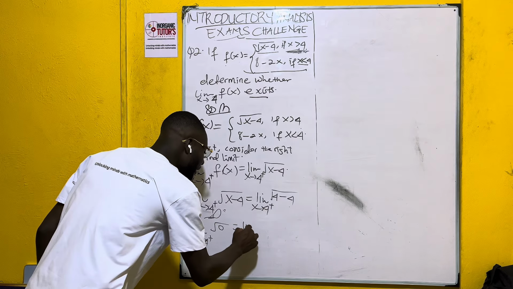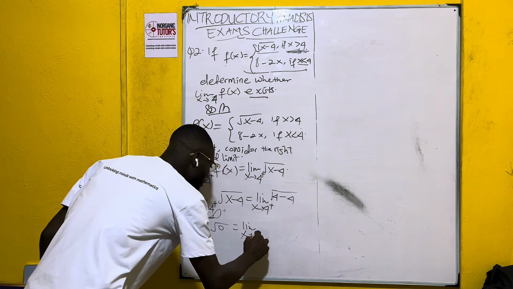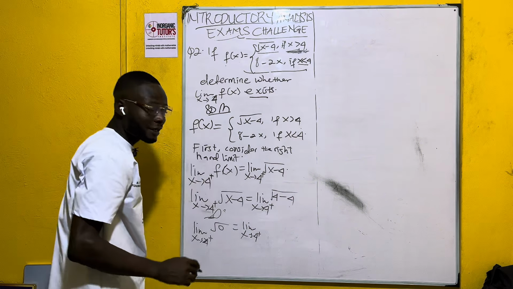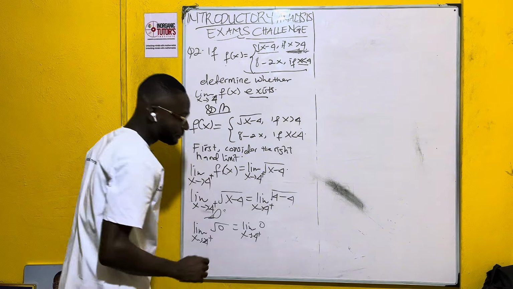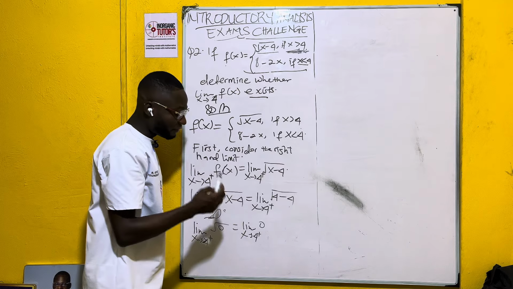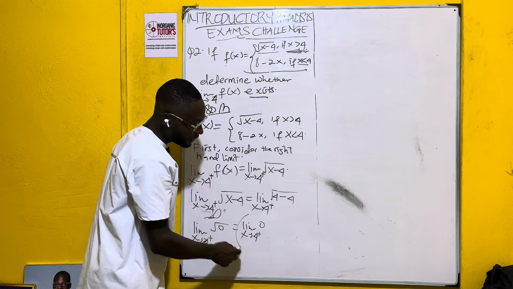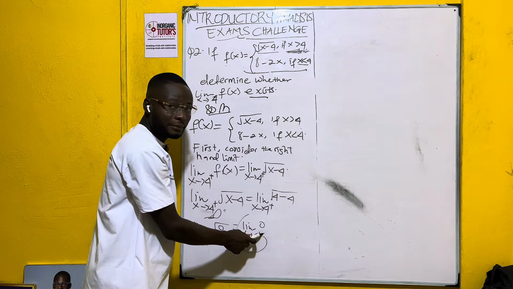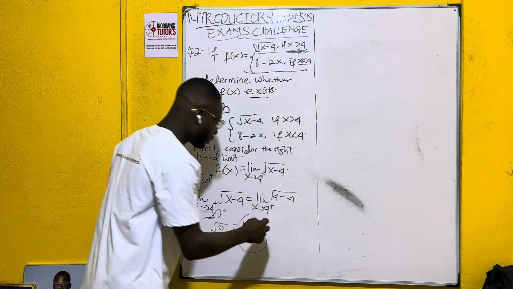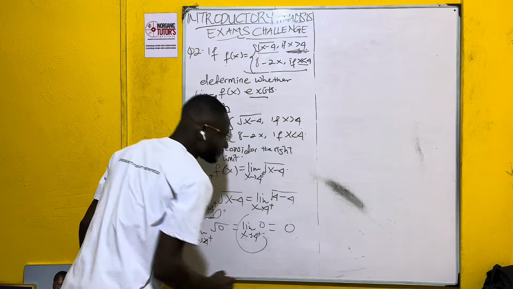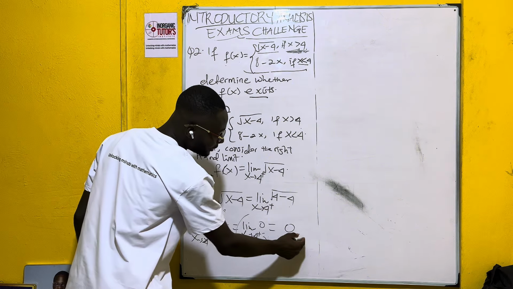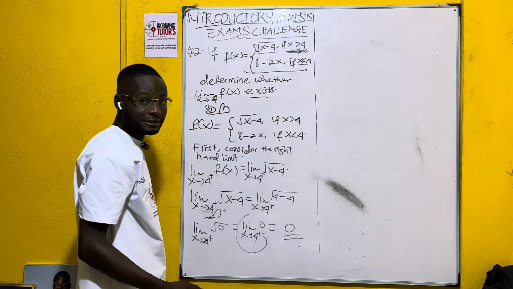And we are very much aware that the limit of a constant is the same constant. So we have 0. So from the right-hand side, the result is 0.